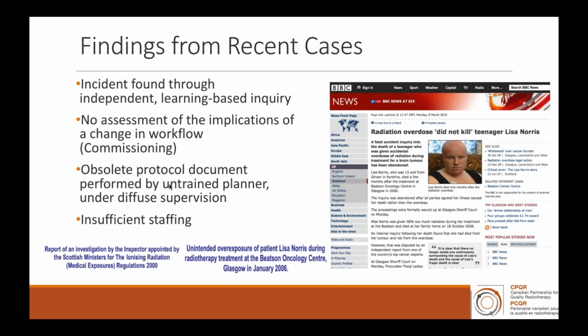As a result, an untrained planner was trying to perform the work but couldn't do it because the guidance documentation was lacking, and the supervision of that untrained planner was not as tight as it could be. As a result, staffing issues were identified. They did not have enough staff to supervise the radiation to this patient.